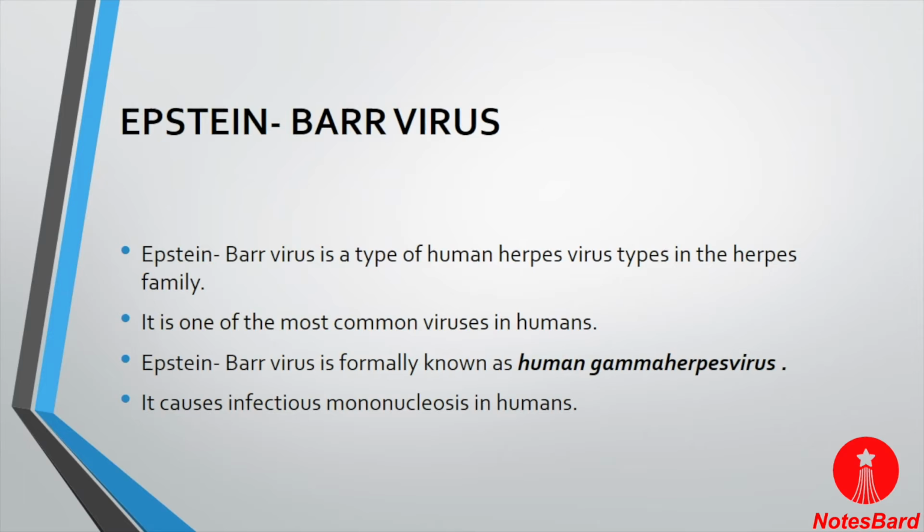Besides mononucleosis, the Epstein Barr virus can cause other diseases in humans, including several types of viral infections like Burkitt lymphoma and some malignant Epstein Barr virus associated lymphoproliferative diseases.